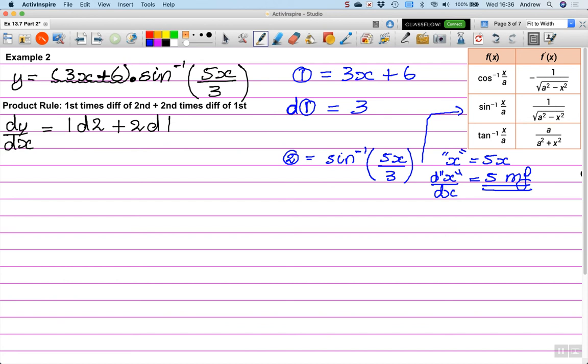Okay, moving on, the value of a is the value on the bottom, so a is 3. We're now going to apply this formula. The differential of the second function is going to be equal to 1 over the square root of a squared, well, a squared is 9, minus, and what is the value of x?